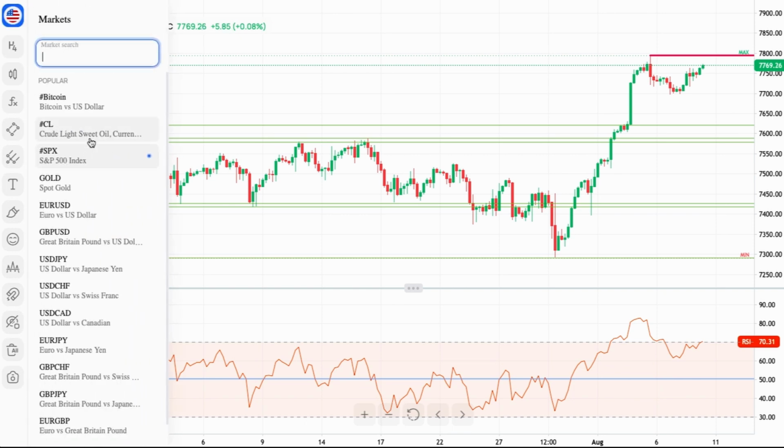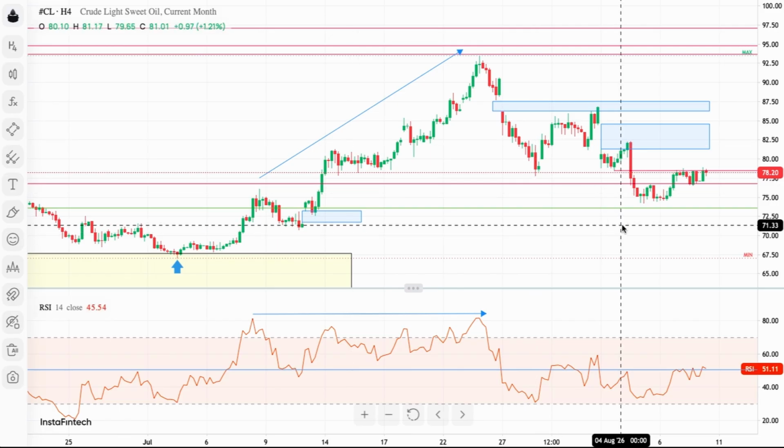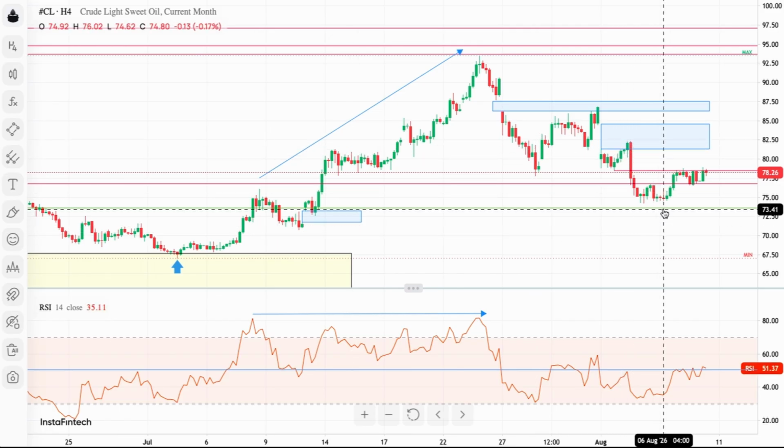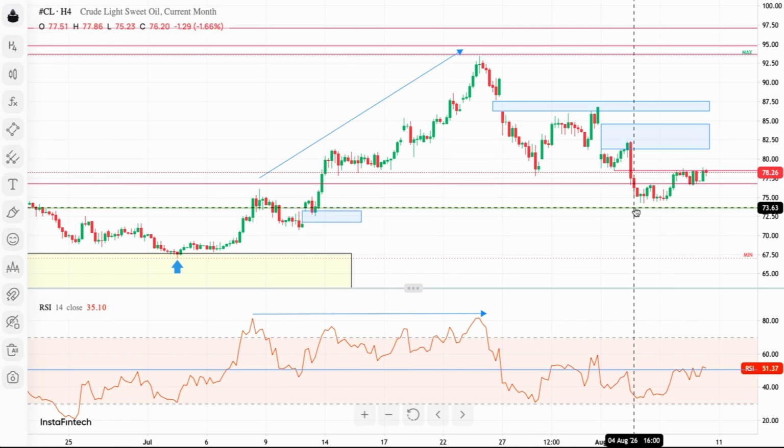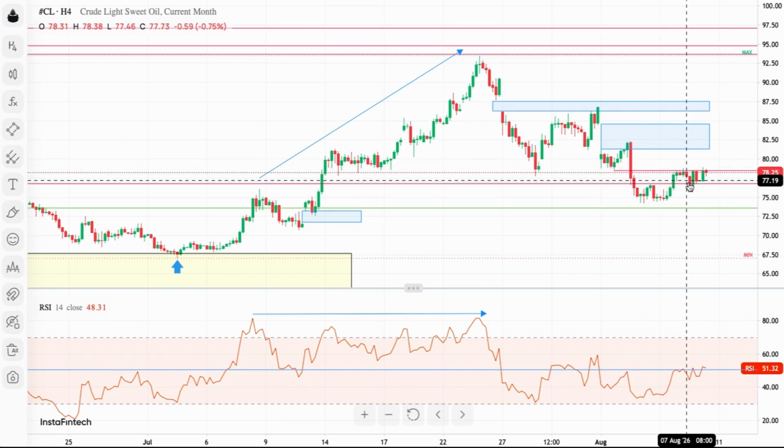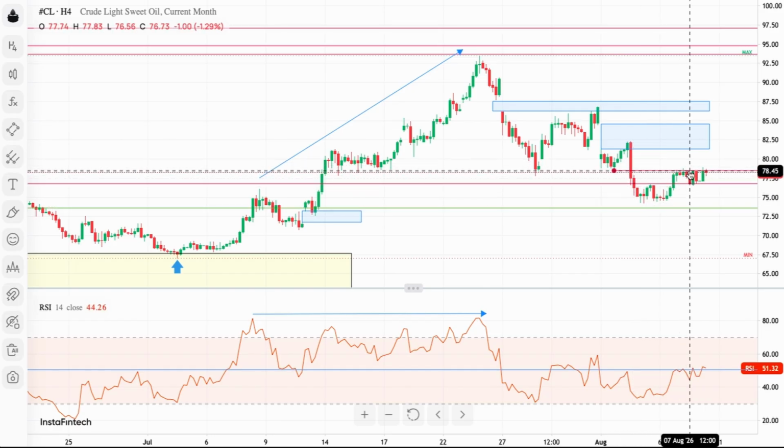Crude oil, after the nice movement towards the 73.63 technical support, got stuck inside a very narrow range.